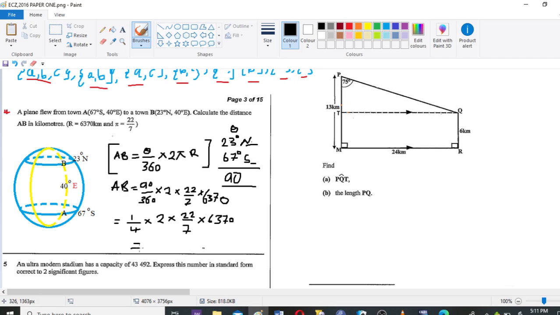The remaining you can just multiply, and that will be the easiest thing to do.